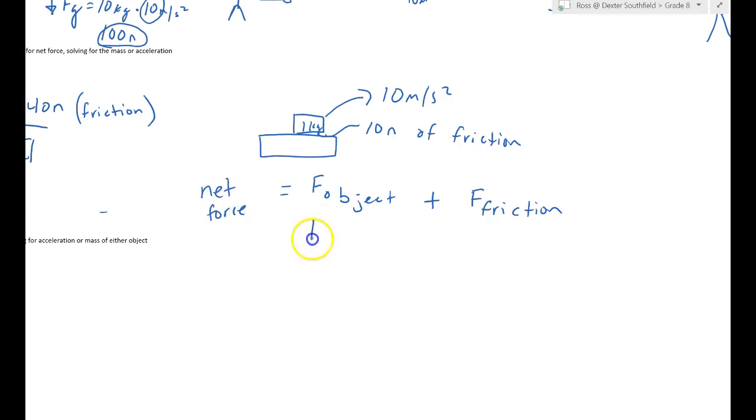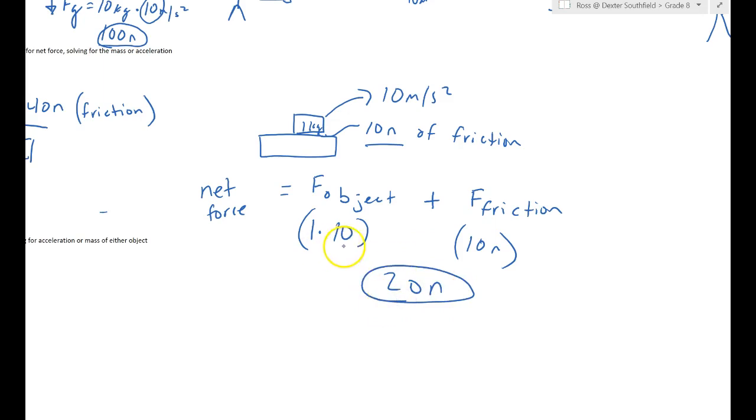So the force of the object is going to be that 1 kilogram times 10 meters per second squared. The force of friction is going to be what's given to us, 10 newtons. So I know that I need to provide a total force of 20 newtons. 1 times 10 is 10 newtons. We add those two together.